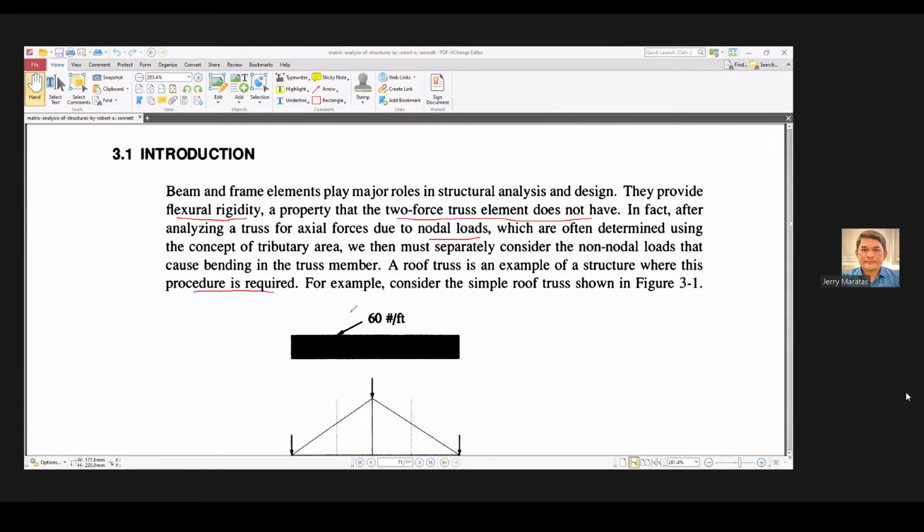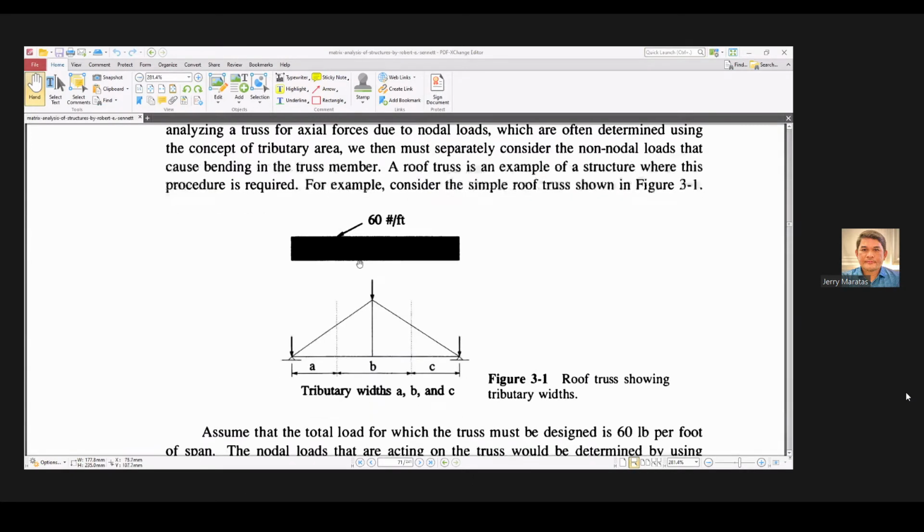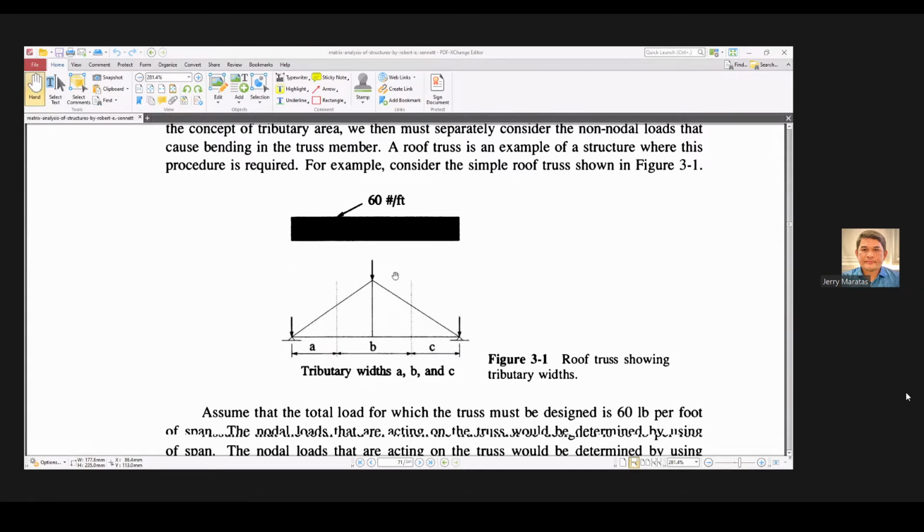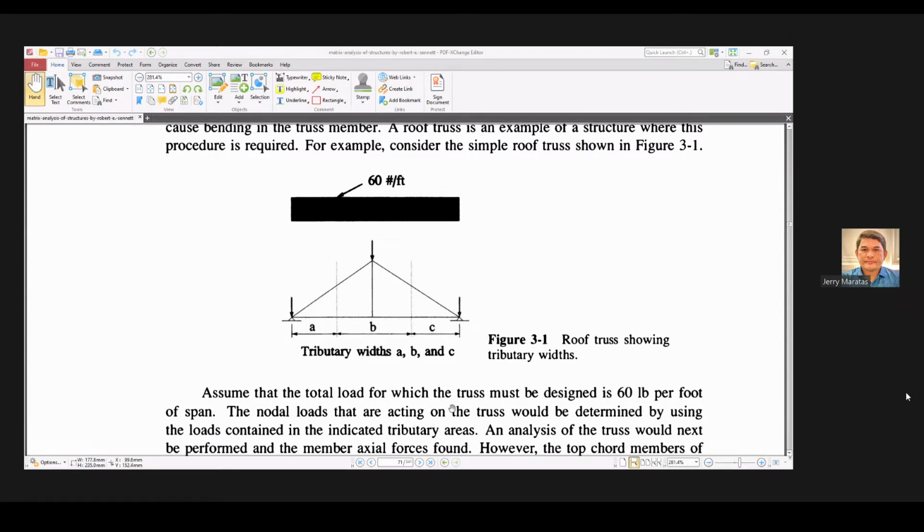So a truss is an example of a structure where this procedure is required. Now, for example, we have to consider the simple truss. Okay, and this truss is loaded with uniformly distributed load of 60 kips per foot. So assume that the total load for which the truss must be designed is 60 pounds per foot of span.